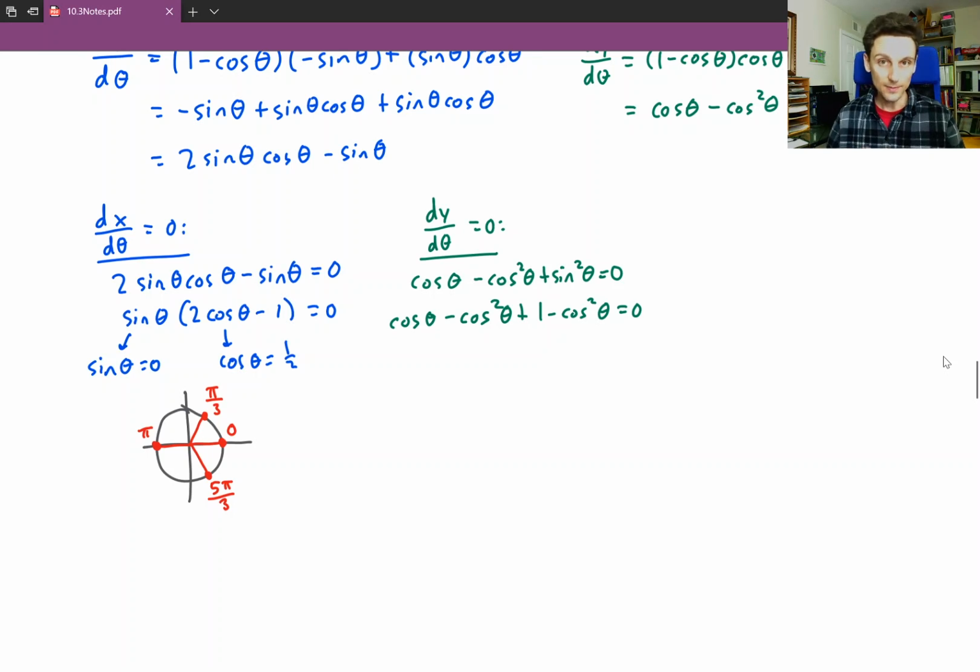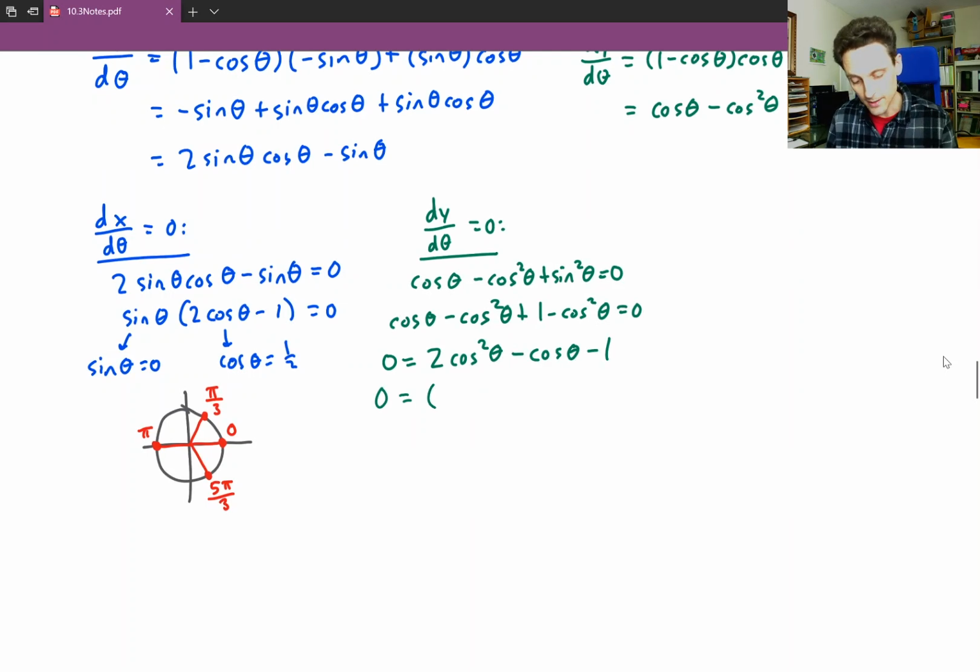And now we have essentially a quadratic in form kind of equation. What we can do is move all of the terms to the right, in which case we'll get 2 cosine squared theta, combining those cosine squared thetas together, minus cosine theta minus 1. This can be factored like any quadratic.